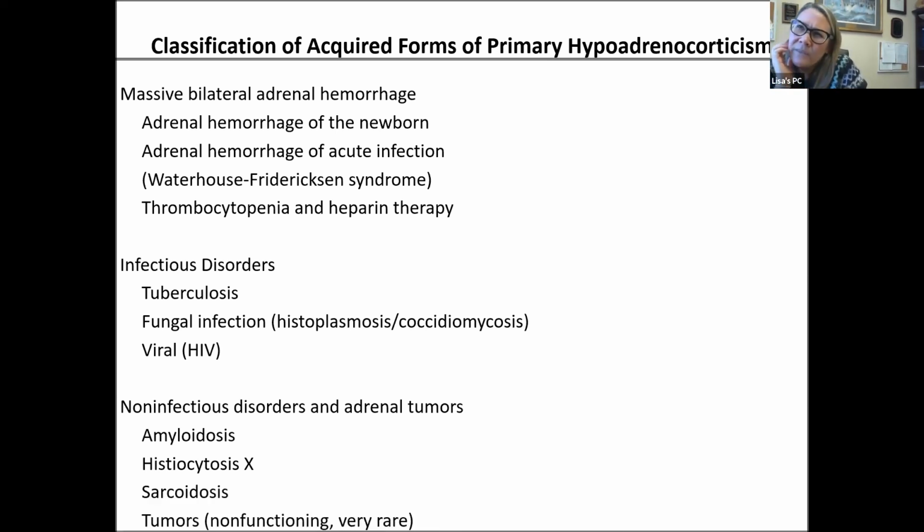And then with tumors like adrenal adenomas or adrenal carcinomas can be secretory, meaning they secrete one or more of the adrenal hormones, but that would, of course, be a hyperfunctioning adrenal gland. So if a tumor is going to cause adrenal hypofunction, it would be like a mass effect, and it was causing cellular apoptosis and things like that in the cortex. You could have hypofunction related to that.